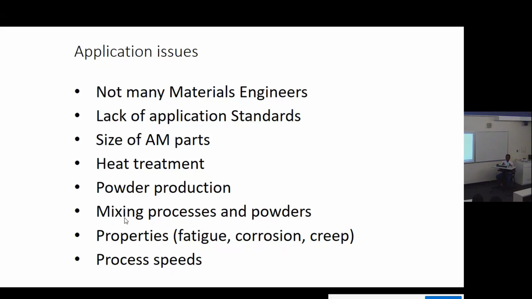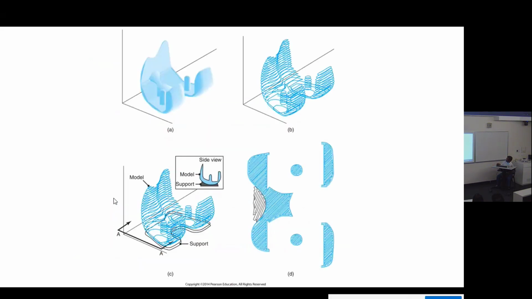There are very complicated procedures that are being done by people outside in the US and Germany to produce those powders. We're trying to do that. I mean, of course, I mentioned properties. You need to measure all these different properties and ensure that these can be applied in the industries. And lastly, the process speeds.